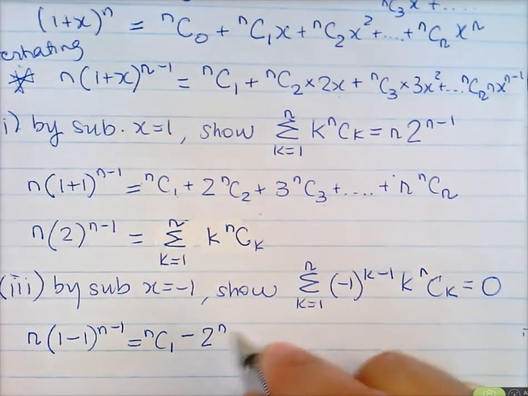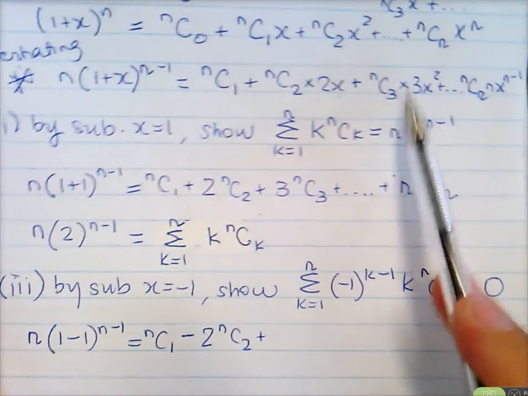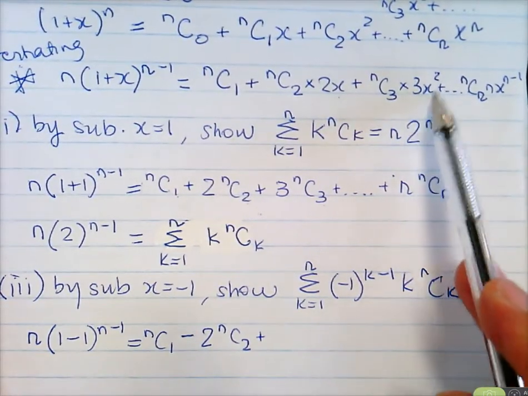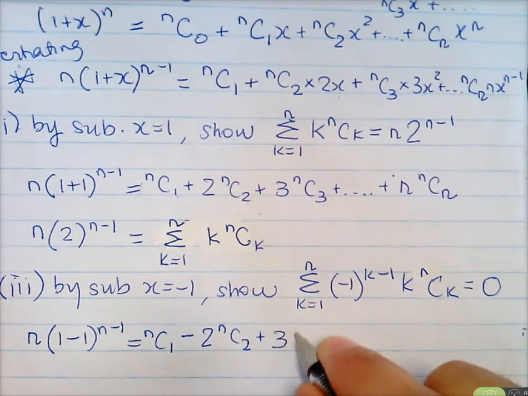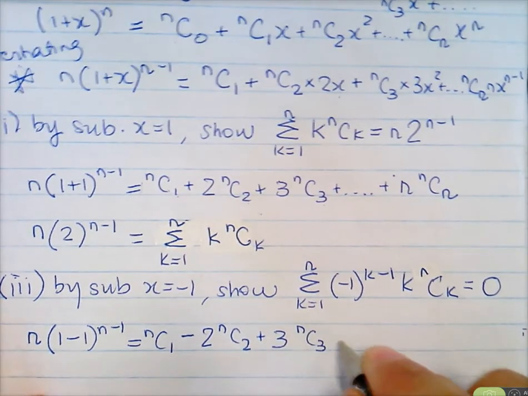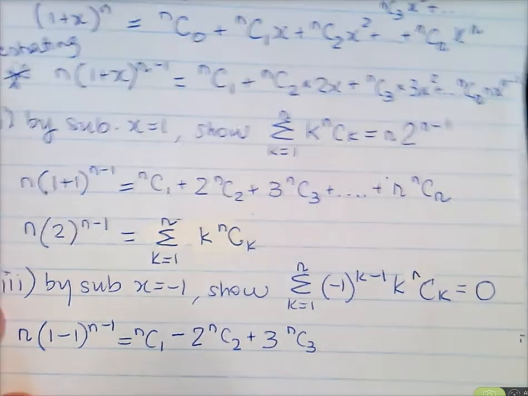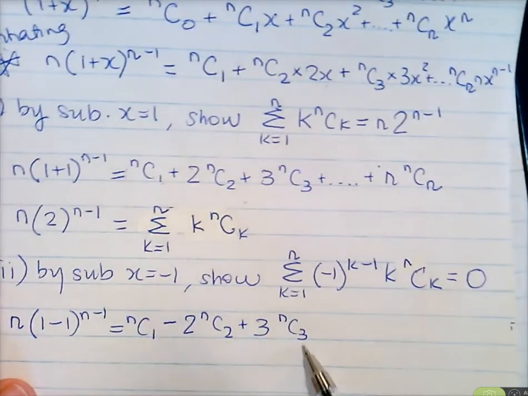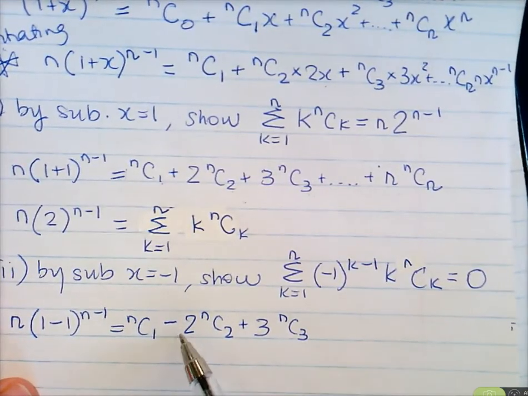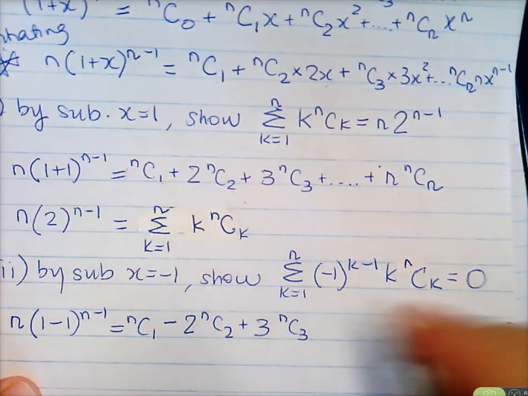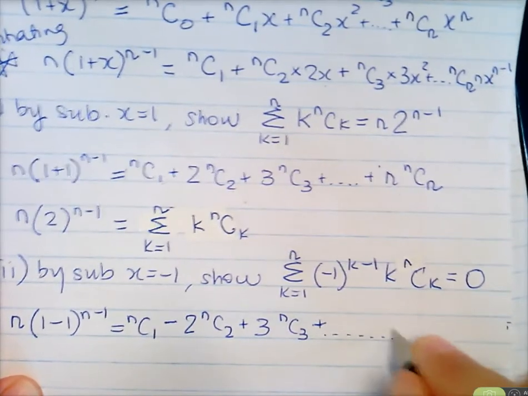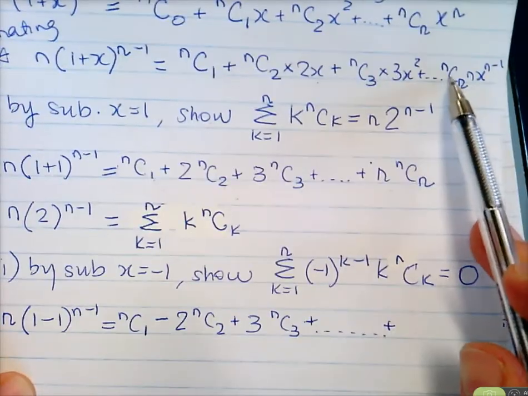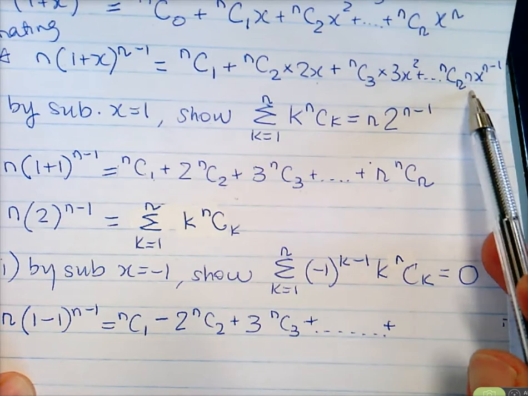Minus 2 nC2. Plus nC3 times 3 times (-1) squared is going to be a minus or a plus? Plus 3 times nC3. Obviously, the next one's minus. It looks like the odds are pluses and the evens will be minuses. And what's the last one?